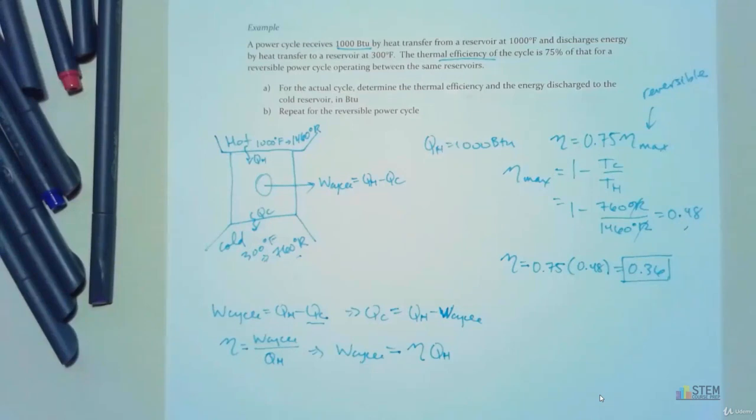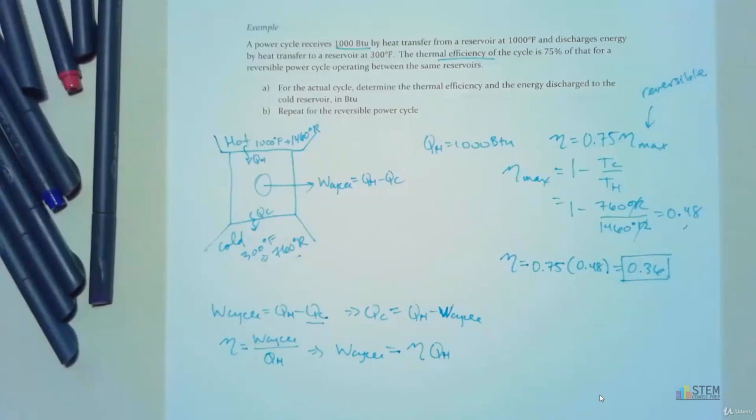We already have our efficiency. We just found it up here, right? QH was a given. So we're on our way. Now let's replace this in our equation up here. So we can put QC equals QH minus eta QH.